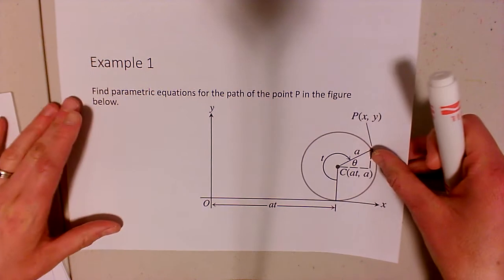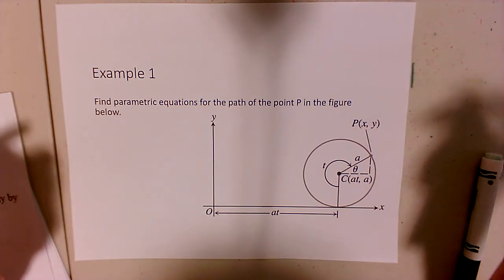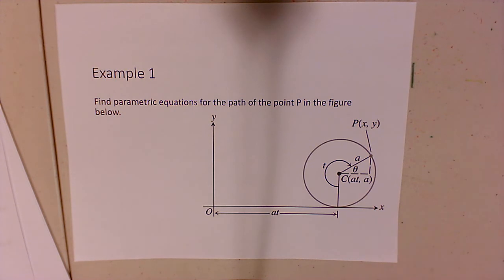So this brings us to example 1, which is to find parametric equations for the path of the point P in this figure below. Let's start off by making a few statements.